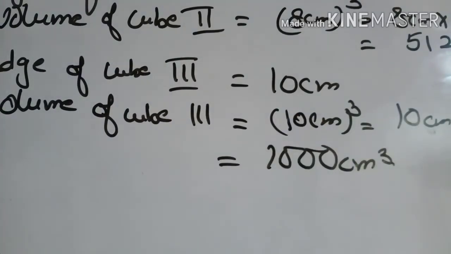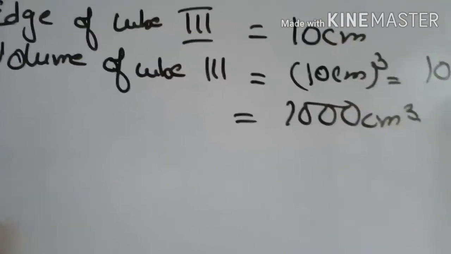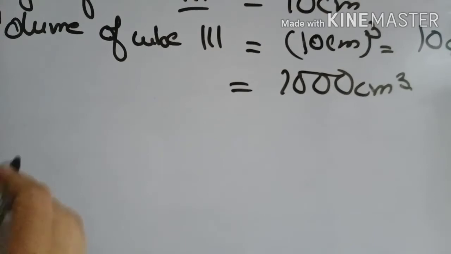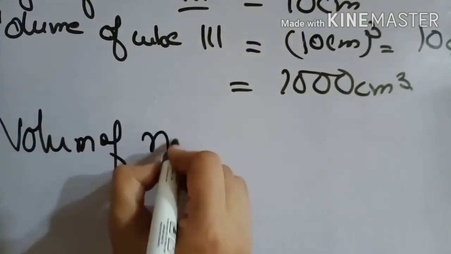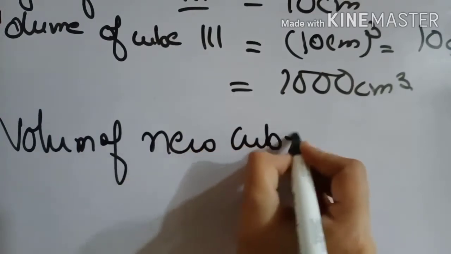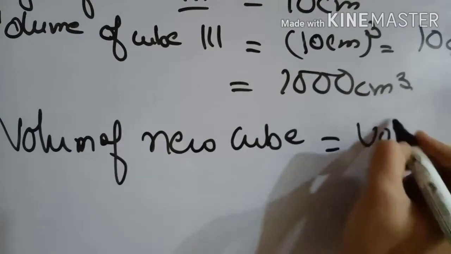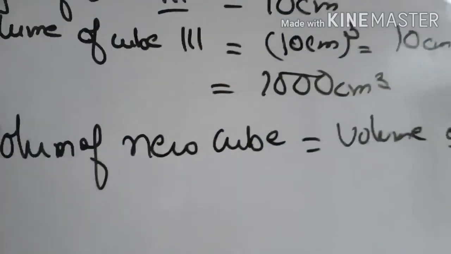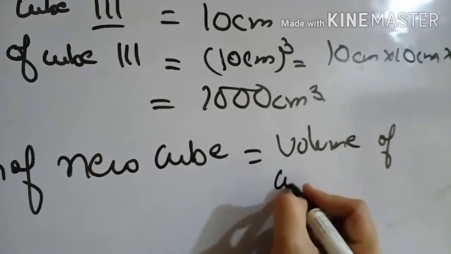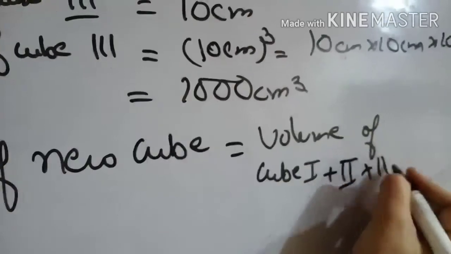When we melted these cubes, we are getting a new cube. Now what will be the volume of the new cube? Volume of the new cube is equal to the volume of cube 1 plus 2 plus 3.